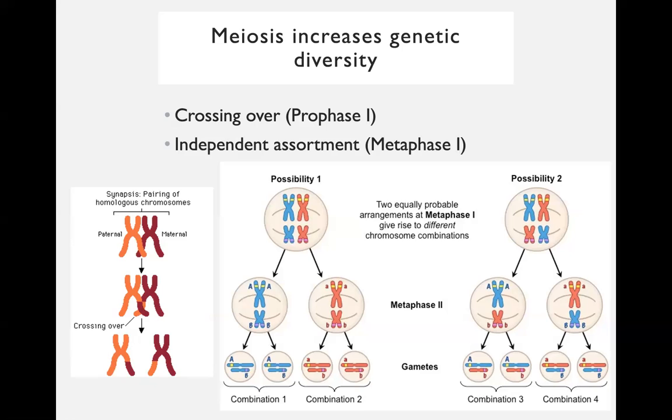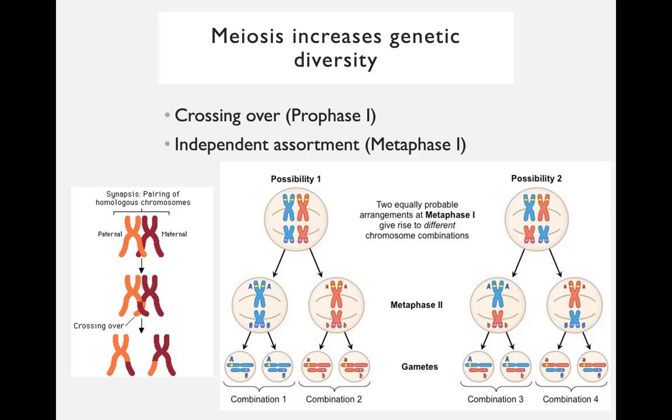And then independent assortment is the second one, which isn't quite as straightforward maybe, but this happens in metaphase 1. We'll imagine that we've already gone through prophase 1, so we're into the next step.